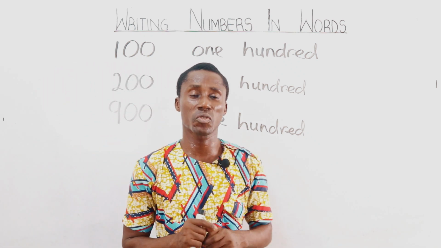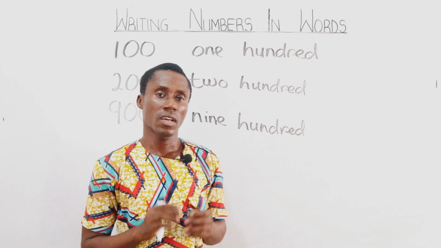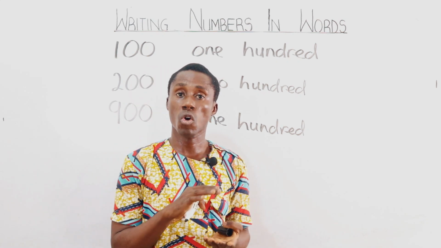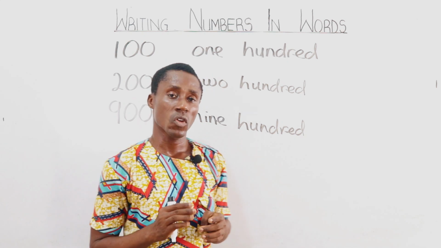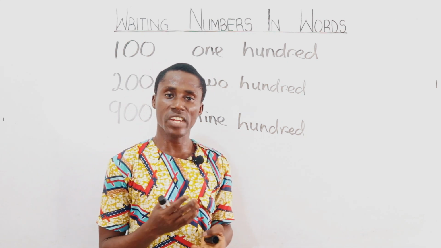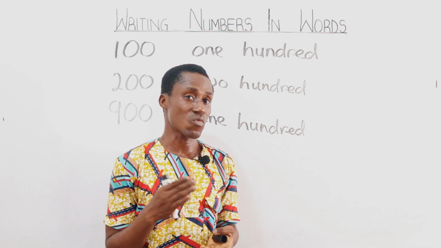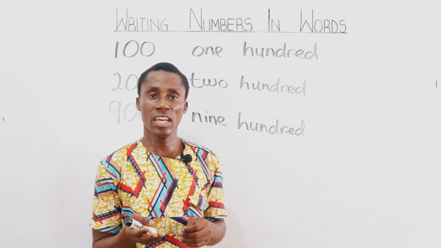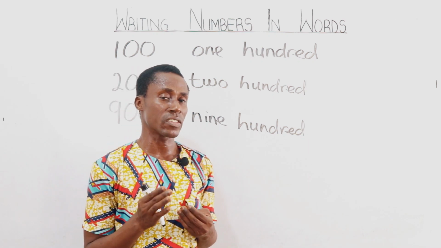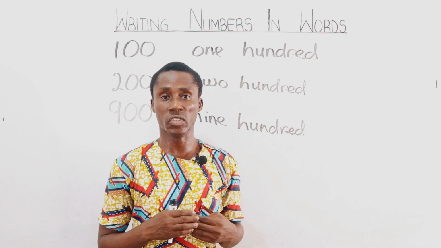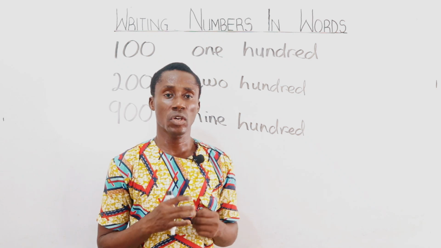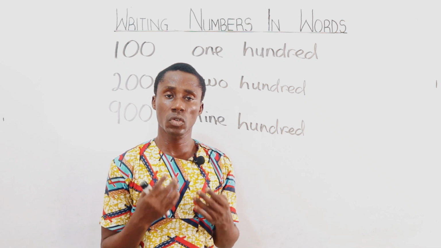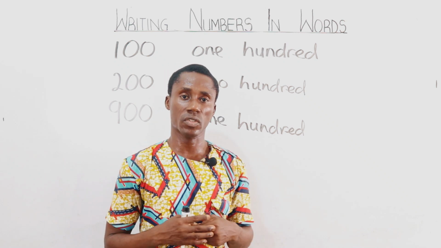Now that we know how to write the hundreds, let's learn the numbers between or among them. So we are going to do that by adding the ones to the hundreds, and then we will add the tens to the hundreds, and then finally we will add the compound numbers to the hundreds.